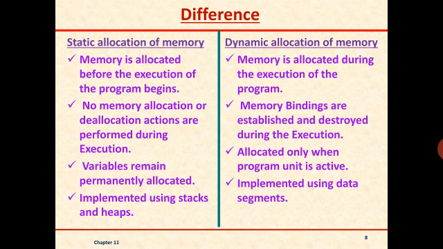Fourth, static allocation is implemented using stack and heaps, while dynamic memory allocation is done using the data segments. Students, you have to remember the difference between static and dynamic allocation of memory. It may be asked for a 3-mark or 5-mark question, so please remember this answer.